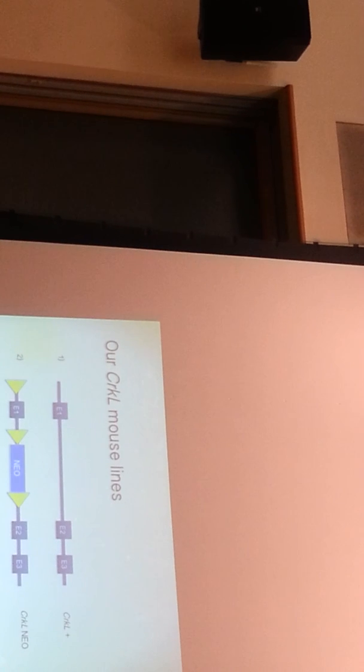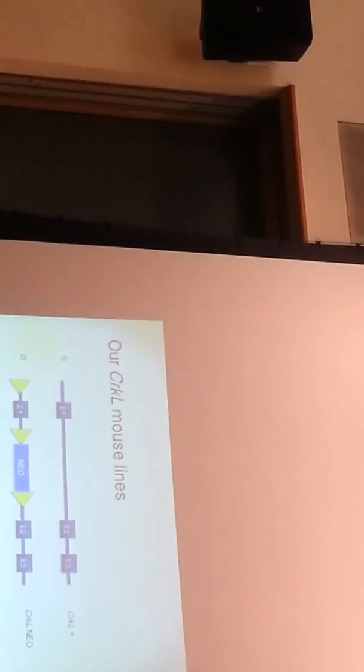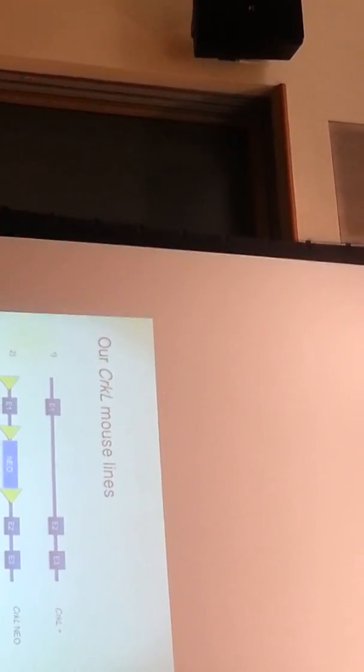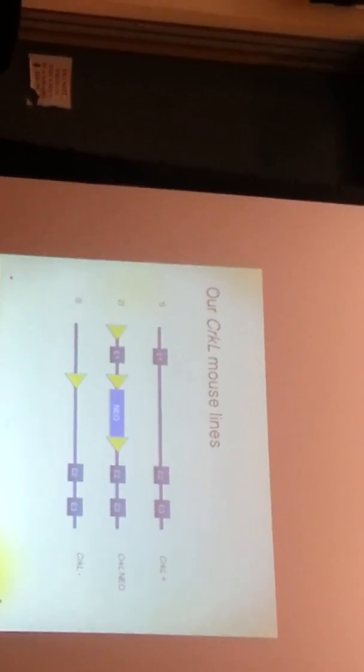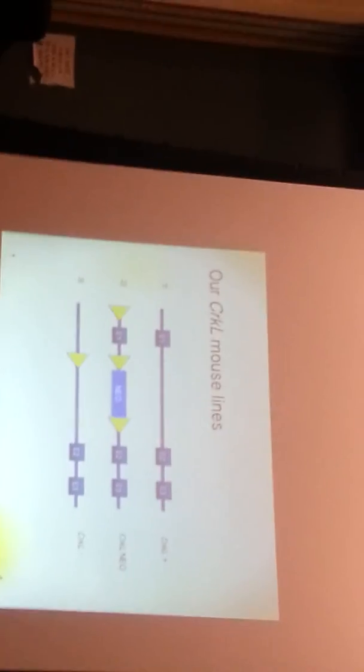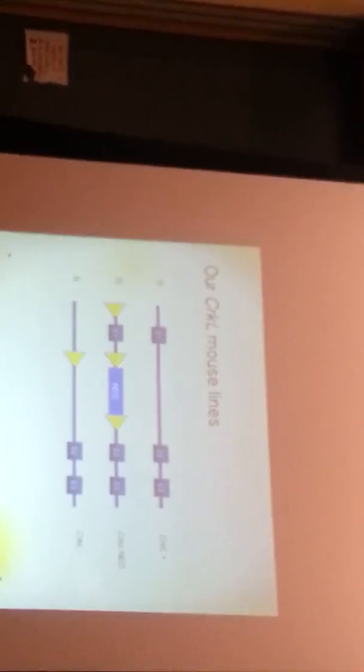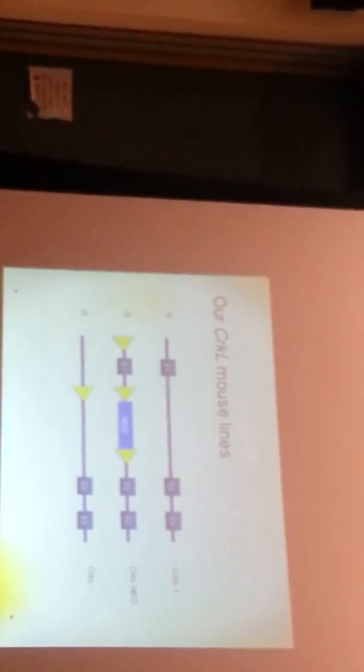This allele will express less CRACO, but not null, not zero expression like the null allele. That is the third case, CRACO minus. So we can play with these alleles and combine them as we want, to have a certain dosage of the gene in the embryo.